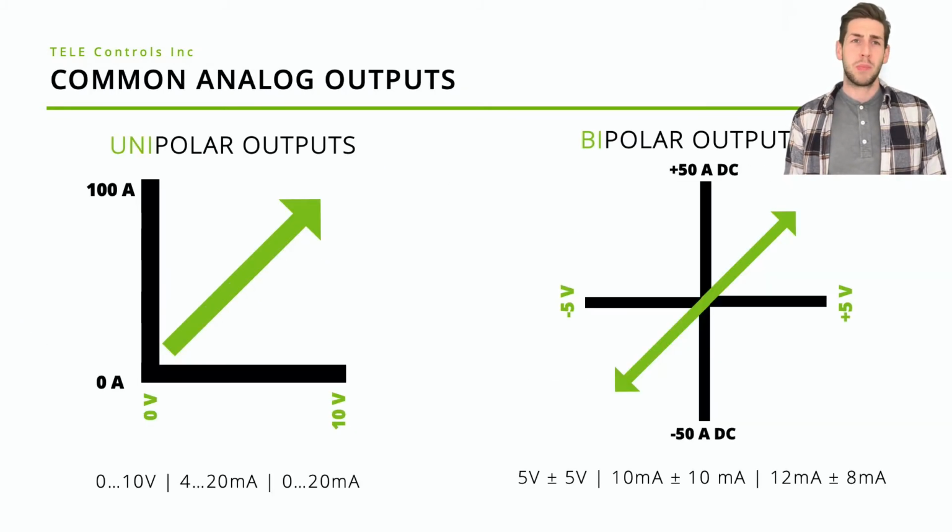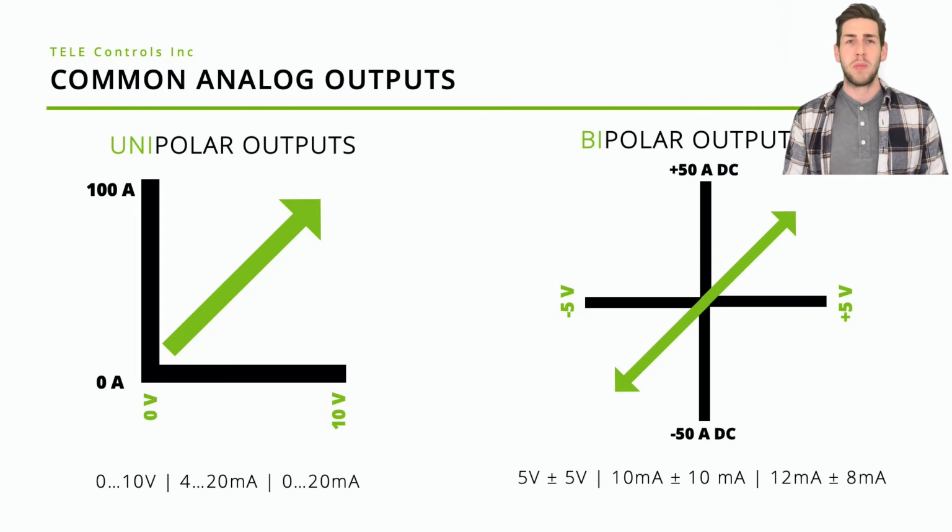If we're speaking about analog outputs and current transducers, I want you to know the difference between unipolar analog outputs and bipolar analog outputs. Usually the unipolar outputs range from 0 to 10 volts or 4 to 20 milliamps, and basically translate your high current signal into a value from 0 to 10, for example.